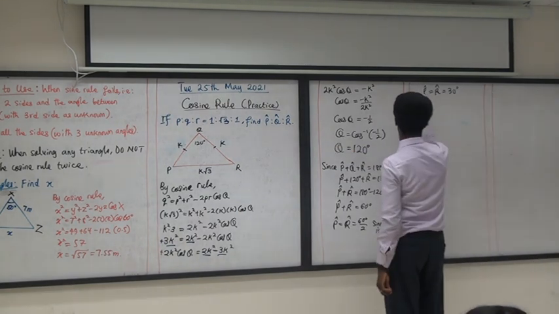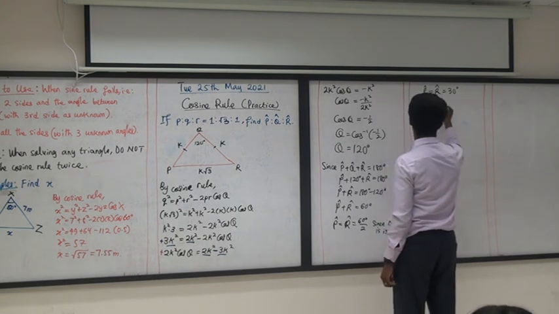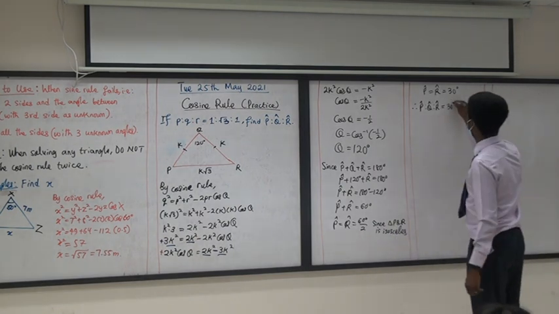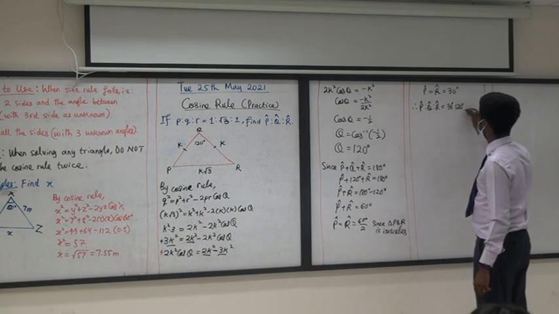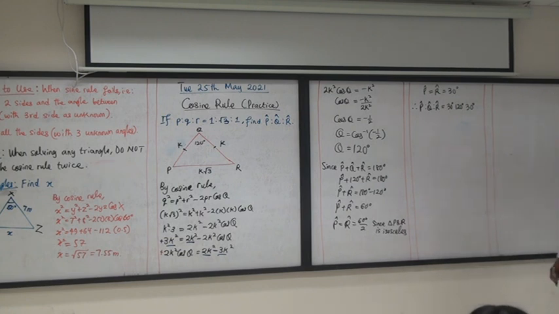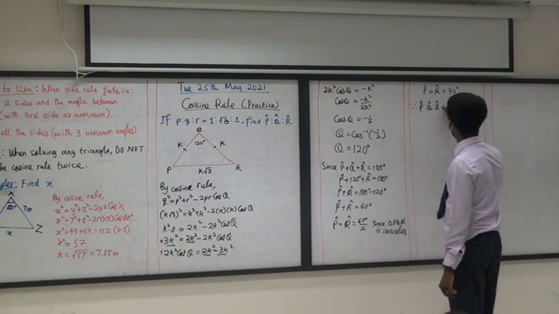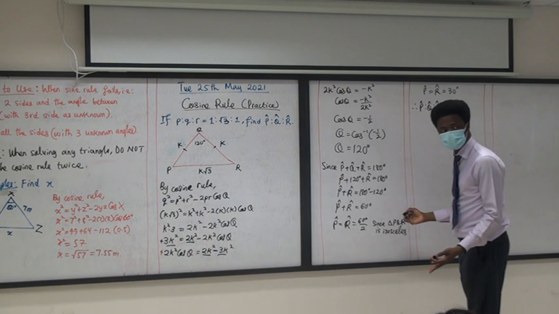So the final result now, therefore, the ratio of P to Q to R, tell me what to write. 30, 120, 30. How does this make sense? What is that called? You don't know what it's called? So let's do it again.